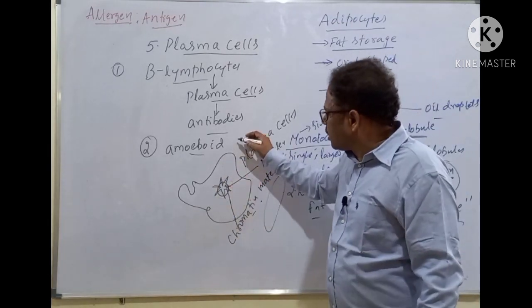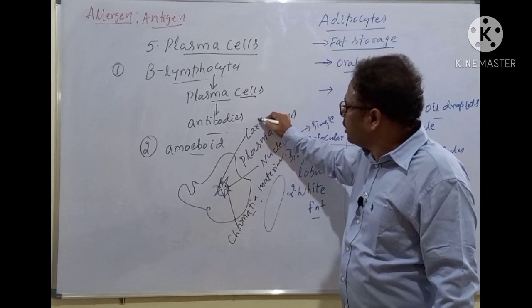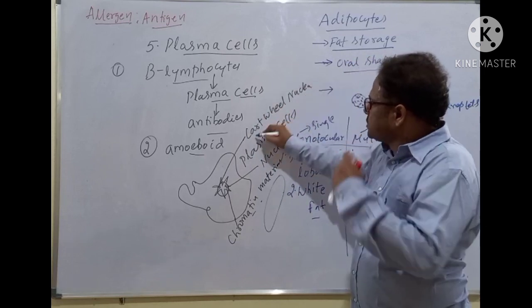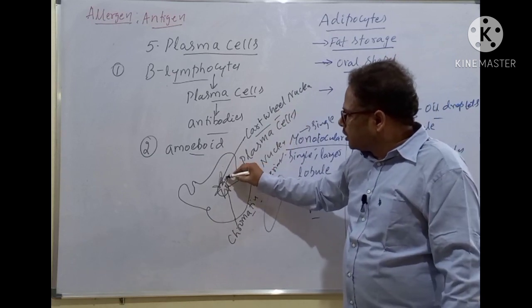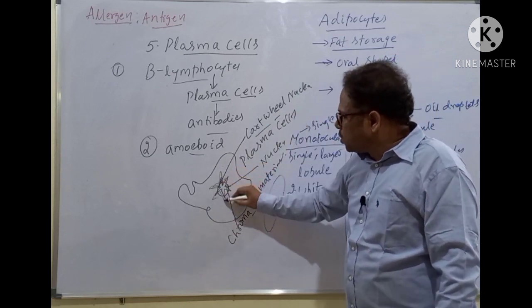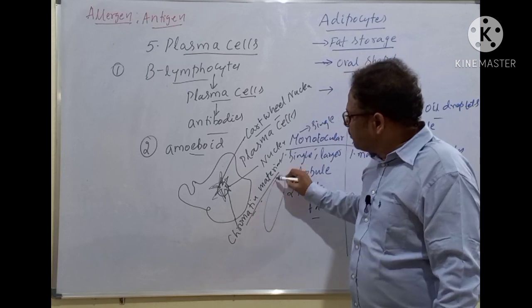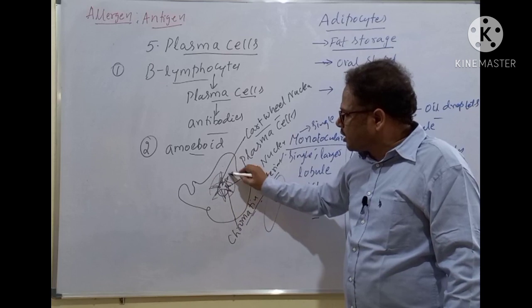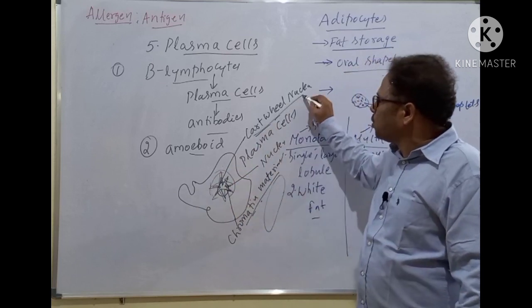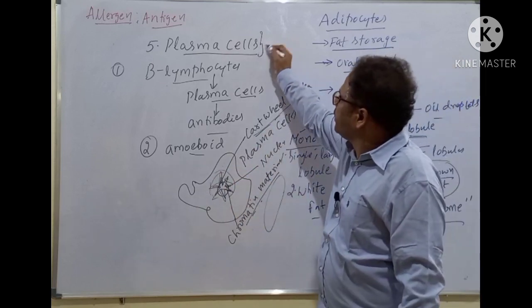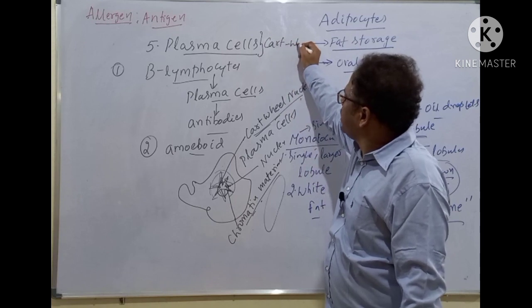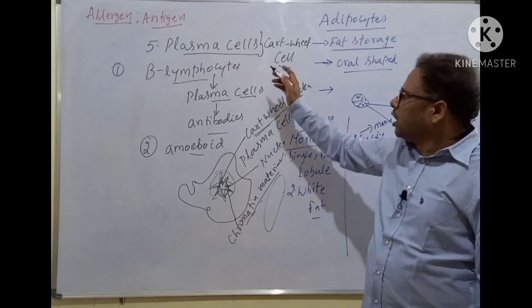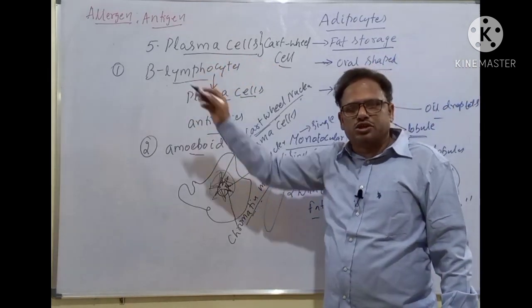That is why this is called a cartwheel nucleus. Because as the cart has spokes, here also the chromatin material is arranged just like the spokes, so it appears as if it is a cartwheel. That is why it's called a cartwheel nucleus, and the cell is called a cartwheel cell. This is a unique character of plasma cells of the areolar connective tissue.